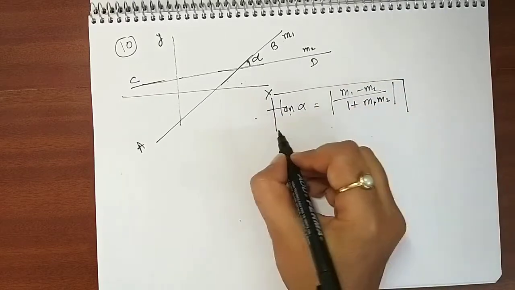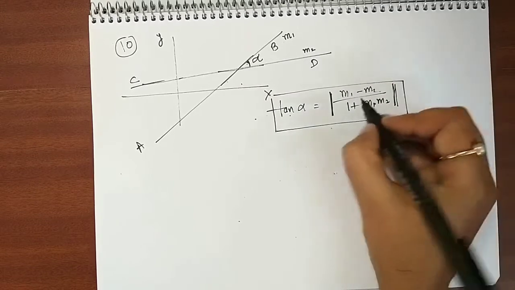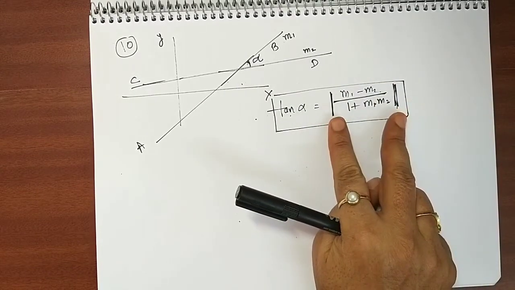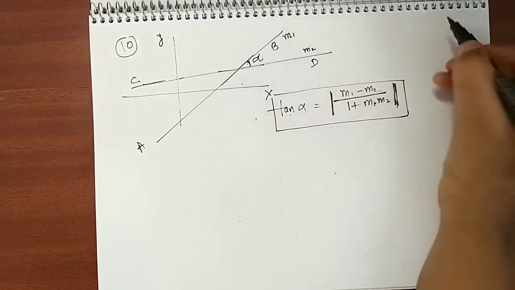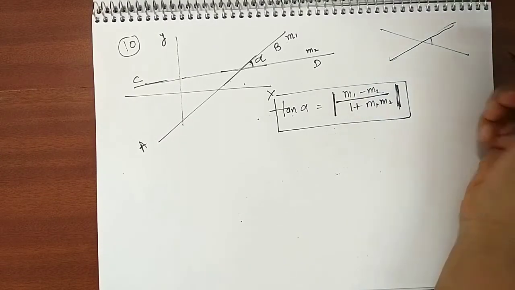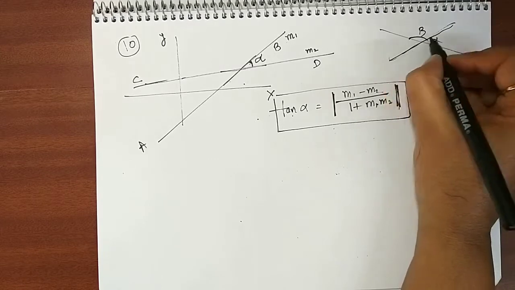Okay, when we will be solving numericals, I will explain how to remove mod and what is the meaning of mod. See, mod value is used to incorporate both angles between two lines. If two lines are crossing, I am saying that this is the angle between them, alpha, but you might say beta is also the angle between these two lines.